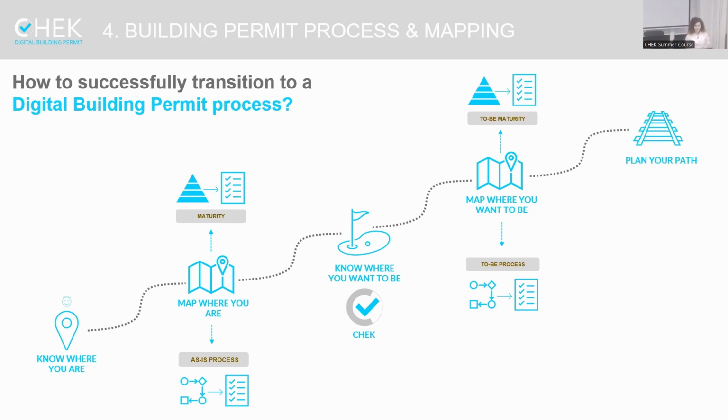And finally, after you know where you are and where you want to be, and you have the map where you are, and you have the other map where you want to be, the plan is to draw a path from where you are to where you want to be. The path is not a simple line; it is a roadmap.